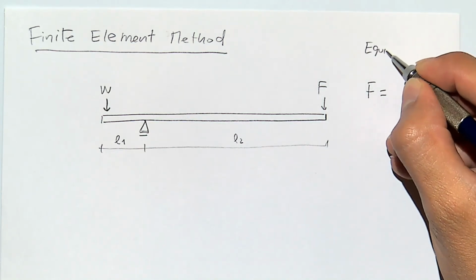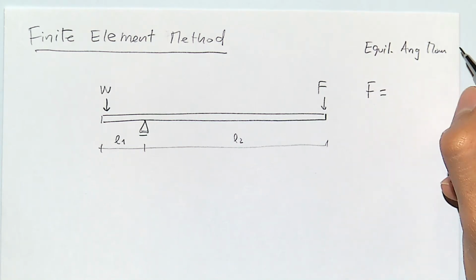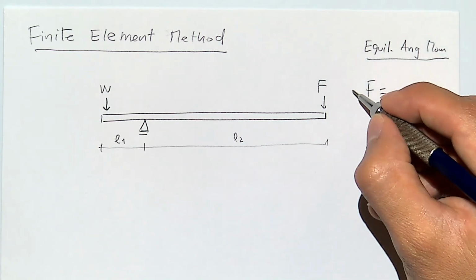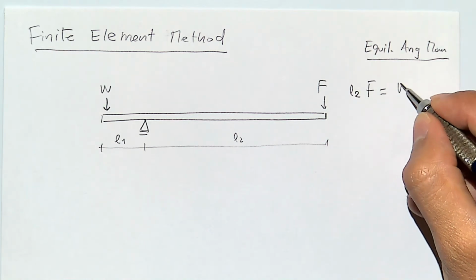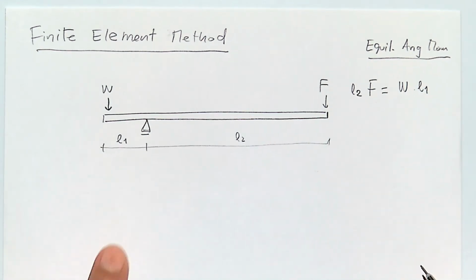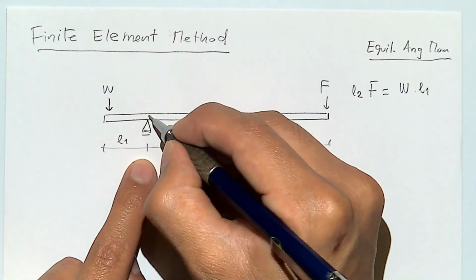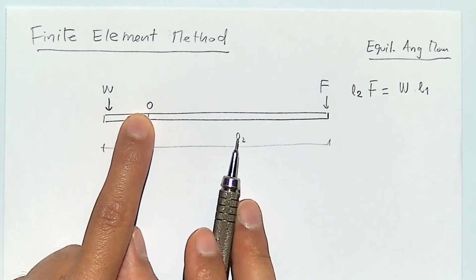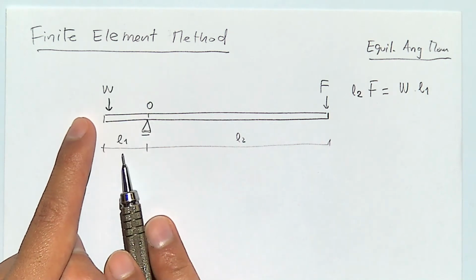Let's just call it equilibrium of angular momentum, but this is the same as the torque. We know that F times L2 has to be equal to W times L1. For those of you that didn't take statics, in statics we choose a point, like for example this one, and we calculate. Then the torque is L2 times F, which has to be equal to W times L1.